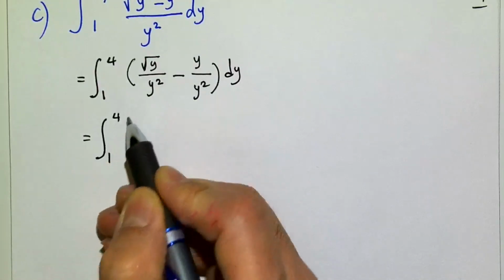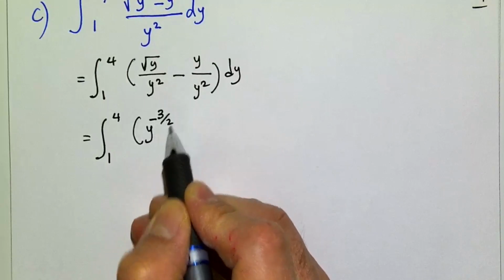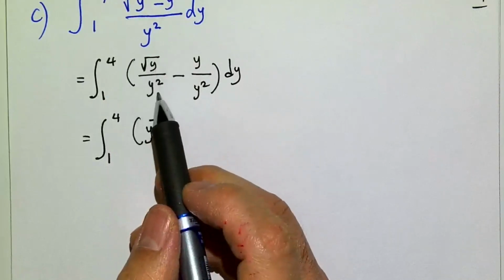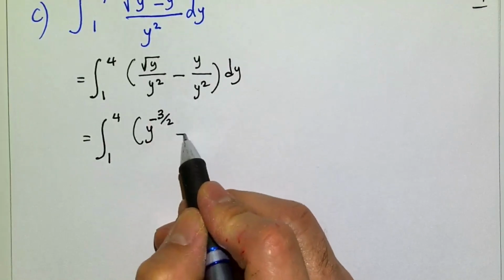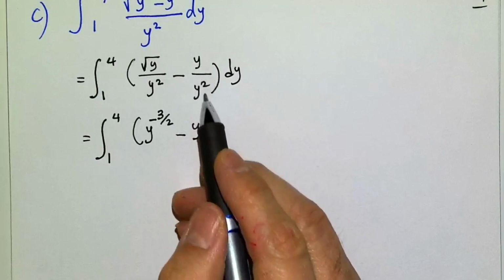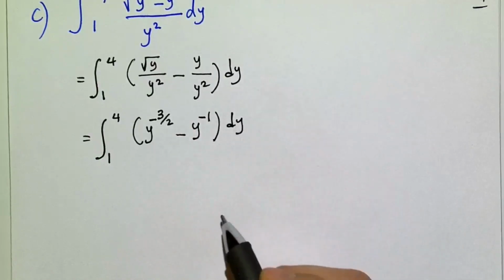So integral from 1 to 4 of y to minus 3/2, that's what I did. So 1 minus 2, you get minus 3/2. And then also minus 1 minus 2 would give us minus 1 dy.